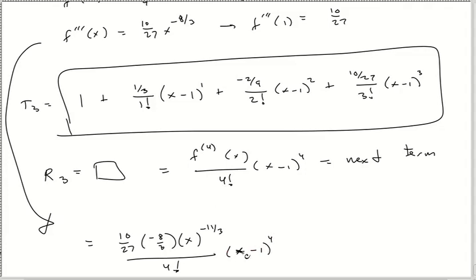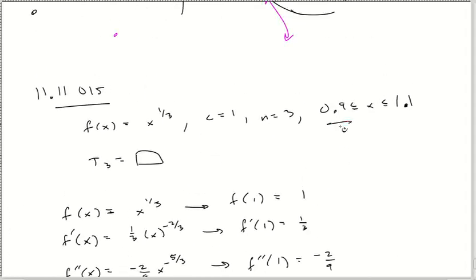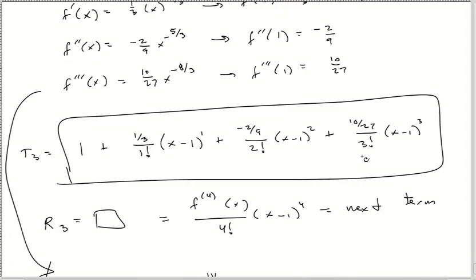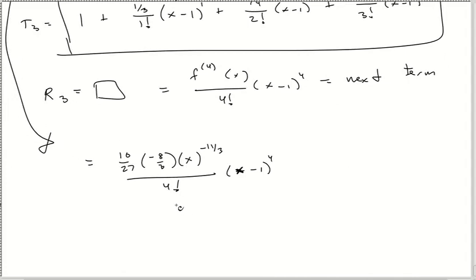And now the x is interesting. The x is going to be one of these guys, whichever maximizes your remainder, your error. So we're going to plug in x equals 0.9 or 1.1 and see which one's the bigger one.